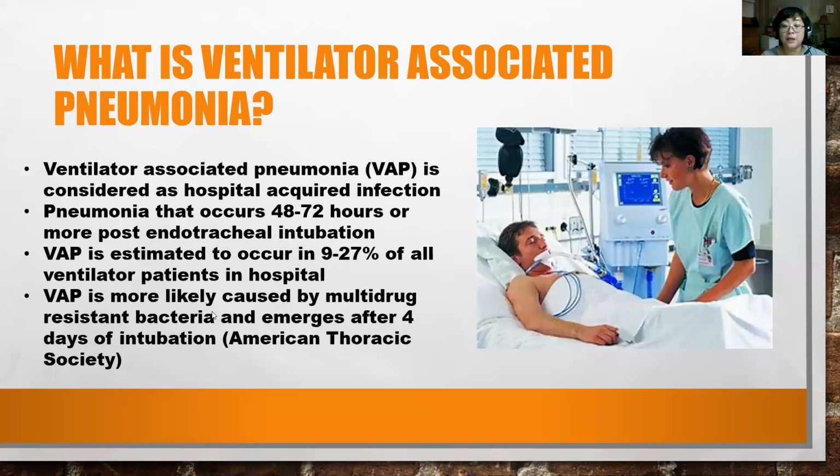VAP is estimated to occur in 9 to 27% of all ventilator patients in the hospital. VAP is more likely caused by multi-drug resistant bacteria and emerges after 4 days of intubation, according to the American Thoracic Society.